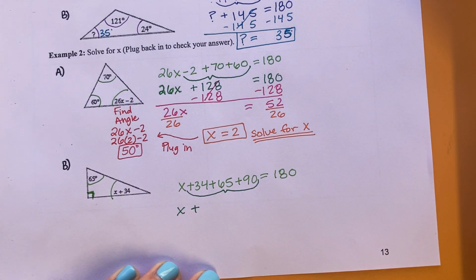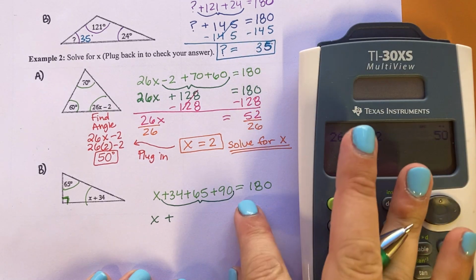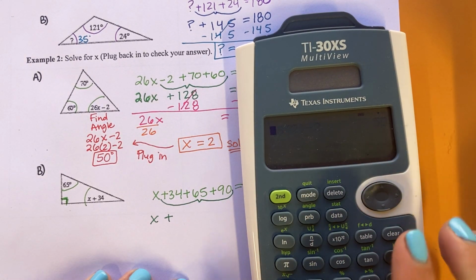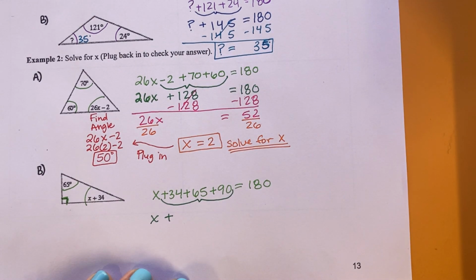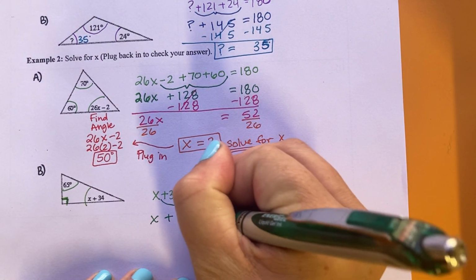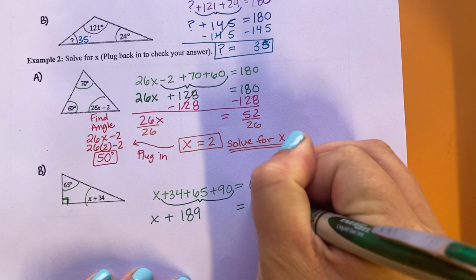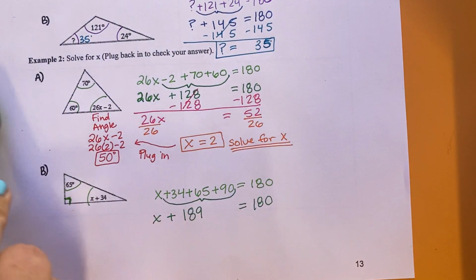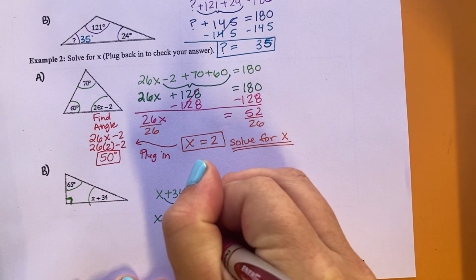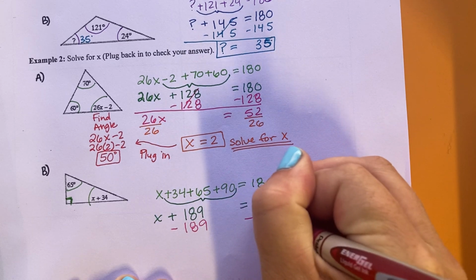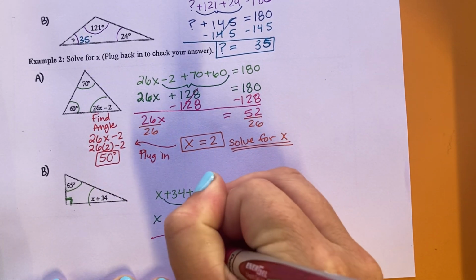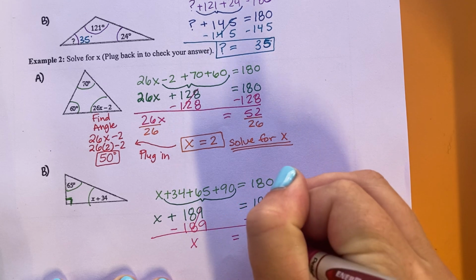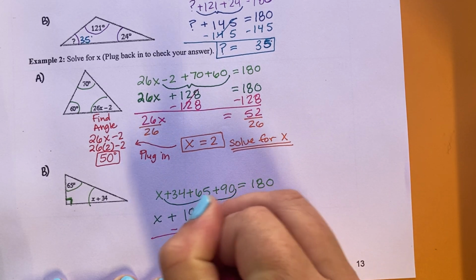X plus 180 gets left off because it's on the right, so we have 34 plus 65 plus 90 is 189. Going to subtract the 189, and that gives us that x equals negative 9.